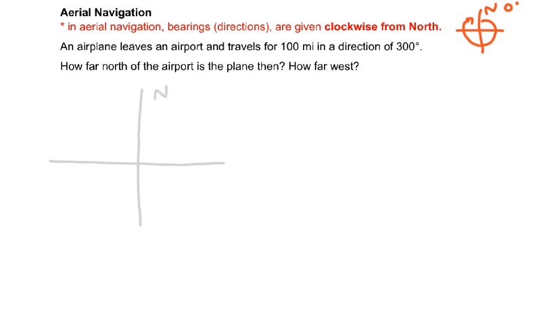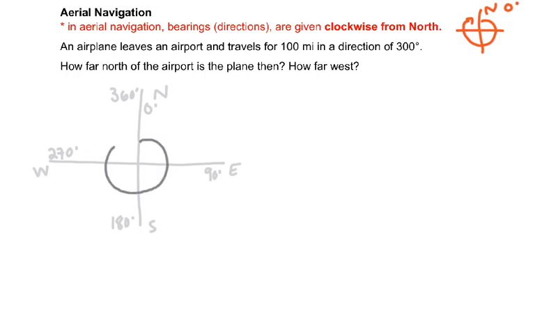We have north, obviously south, east, and west. In this situation, we are traveling a direction of 300. So as I said, we're going to have 0 degrees, 90 degrees, 180, 270, and 360. We travel clockwise from north.